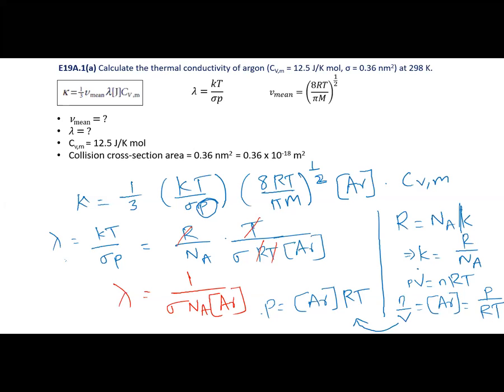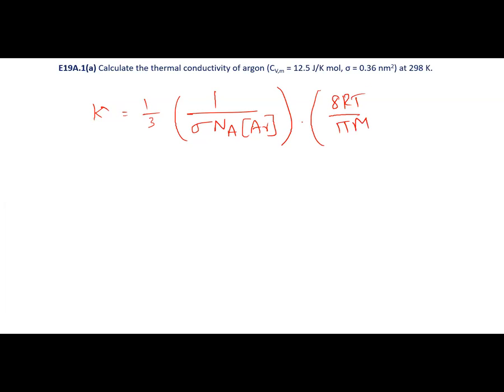So we're going to replace this entire term by this. When we do that, we get kappa as 1 over 3, 1 over sigma Na argon, and 8RT over pi m to the power half.